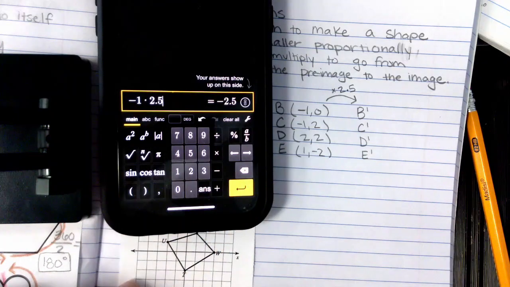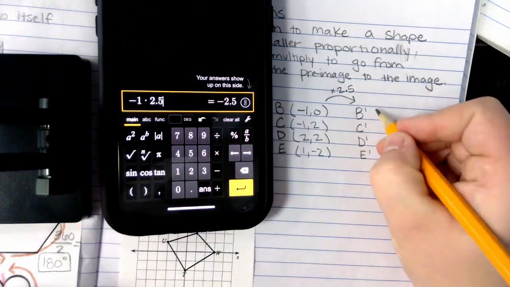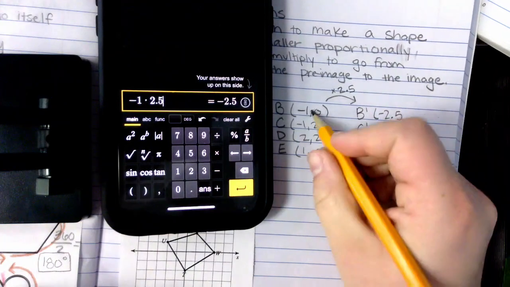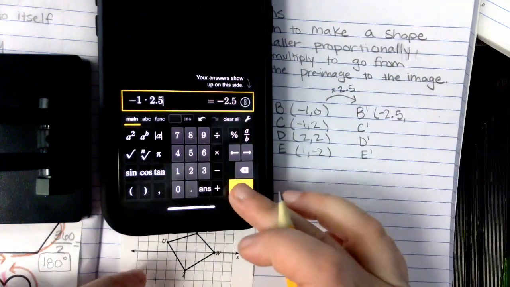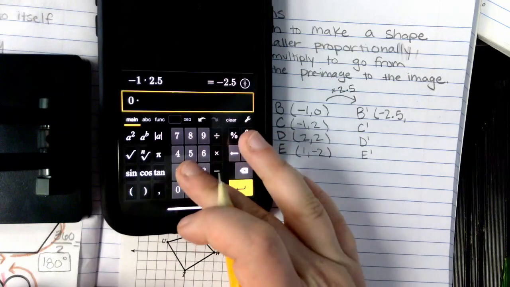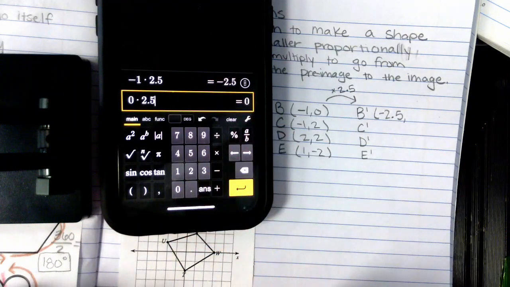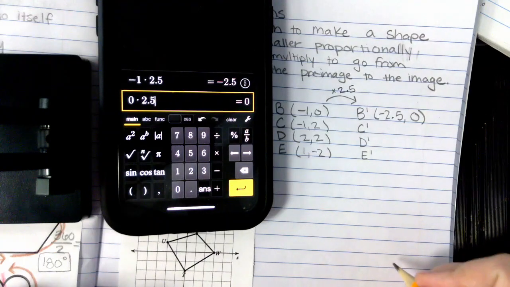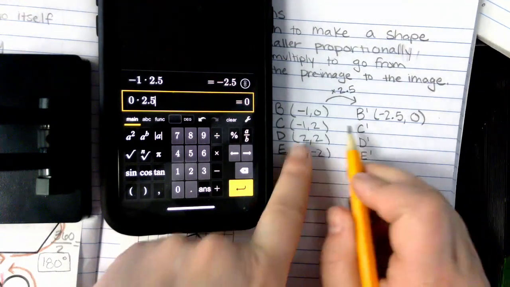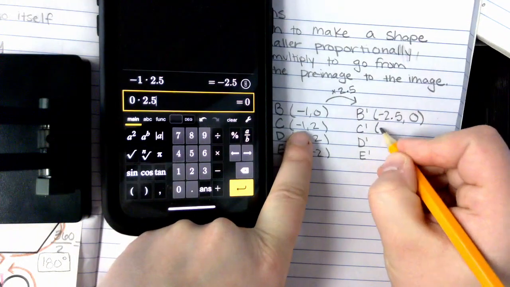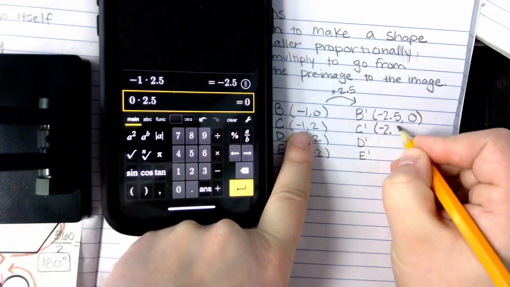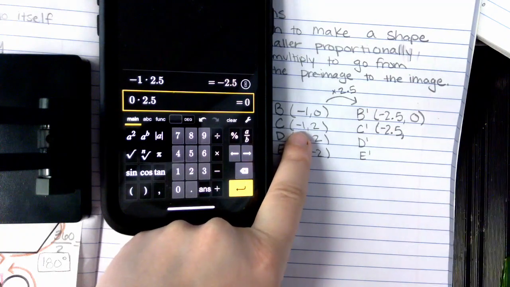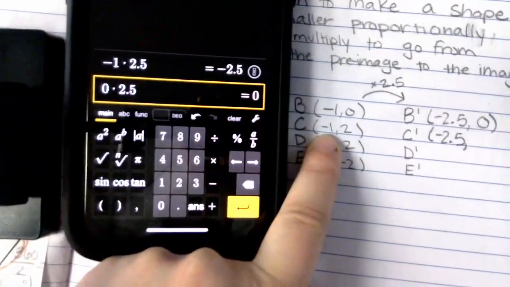And 0 stays 0. Then we're doing 2 times 2.5, and we get 5.